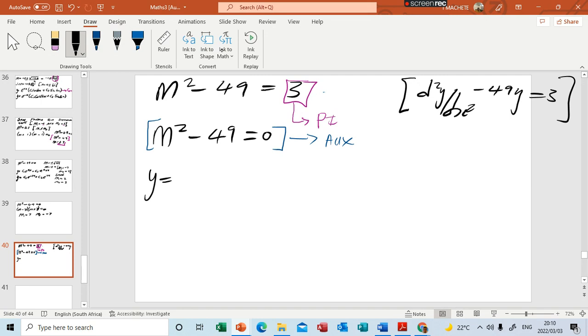In this case, this general solution, they call it the complementary function. You know why they call it complementary function? Because at the end, your general solution is going to be your complementary function plus your particular integral. You're going to add the two equations. Because now you have your right hand side and your left hand side, you're going to have to find two equations.